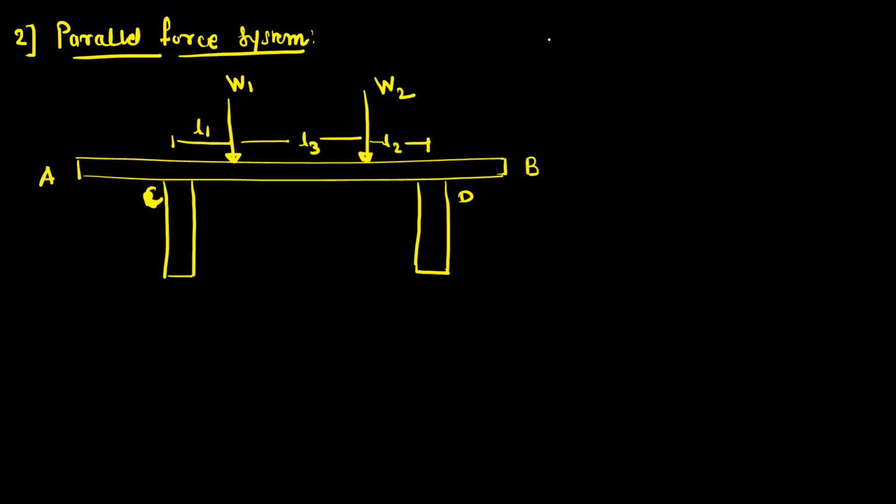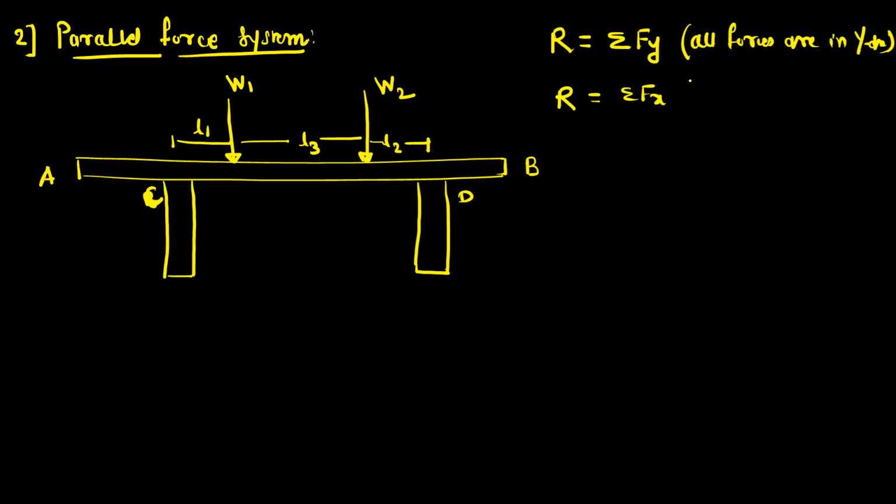Now for the parallel force system, just recall the concept from the first module. The resultant is given by the equation R equal to summation Fy only if all the forces are in the y direction, and R equal to summation Fx if all the forces are in the x direction.